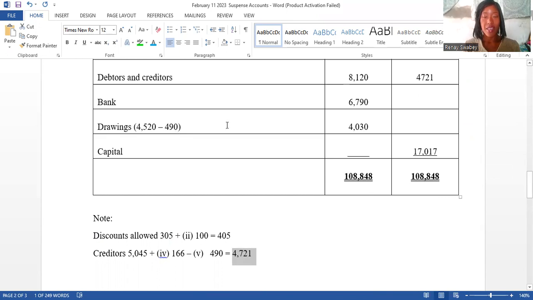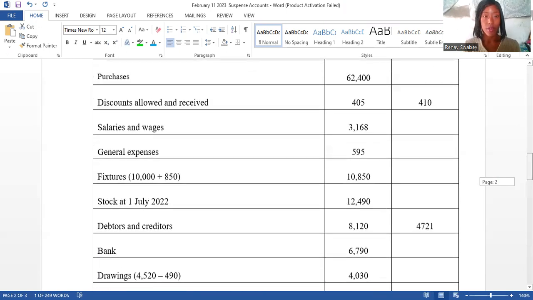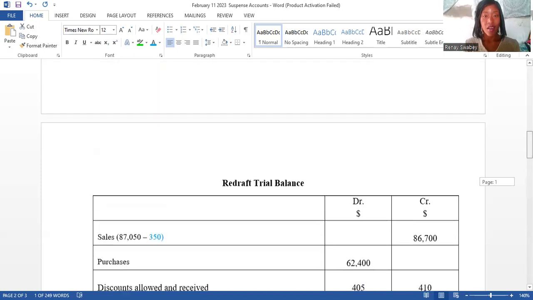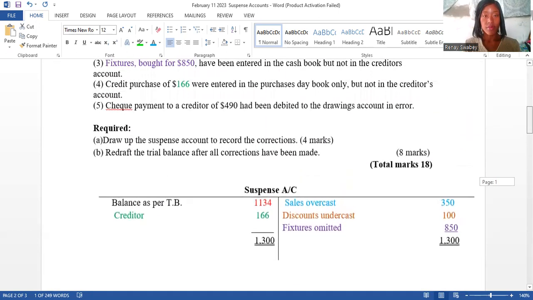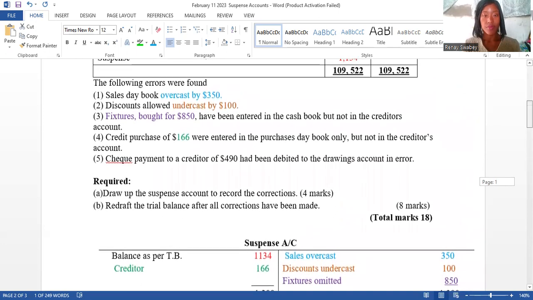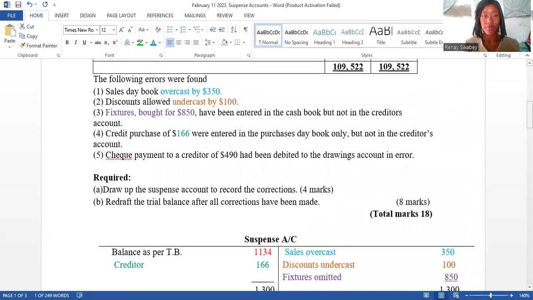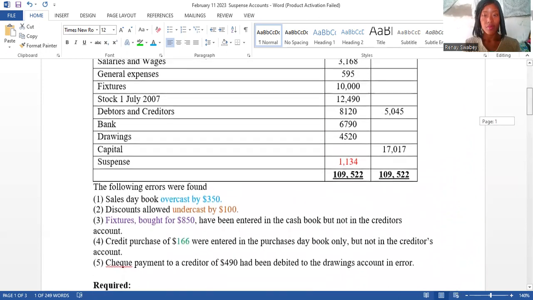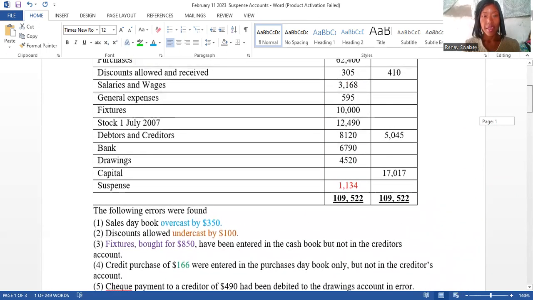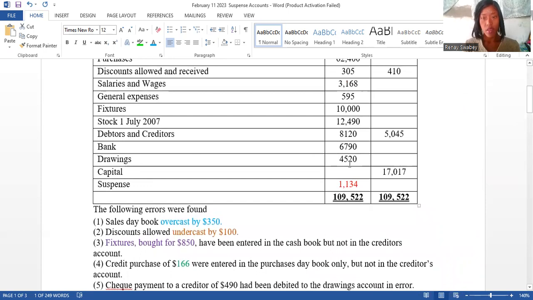$4,520 minus $490 gives us $4,030. Why do we adjust this figure here? Again, let's scroll up slowly to our incorrect trial balance. Here we have the $4,520, and it's debited to the drawings account, which is exactly what the error says.